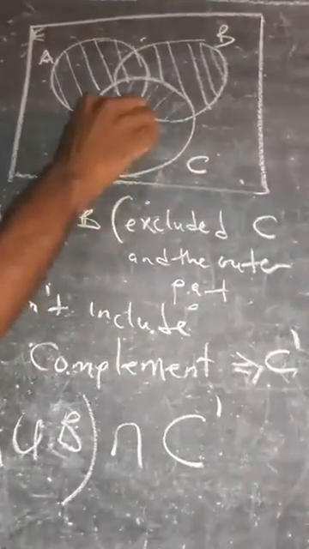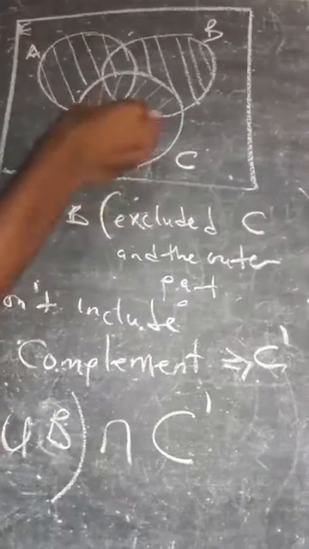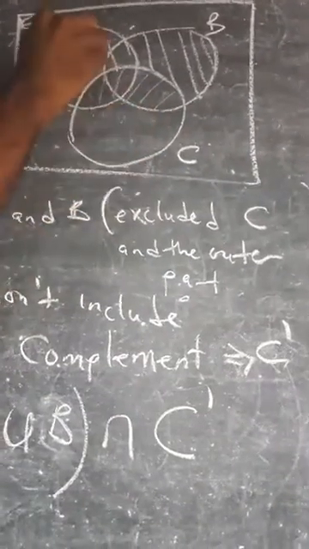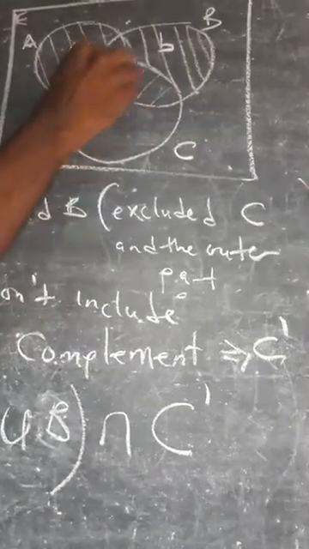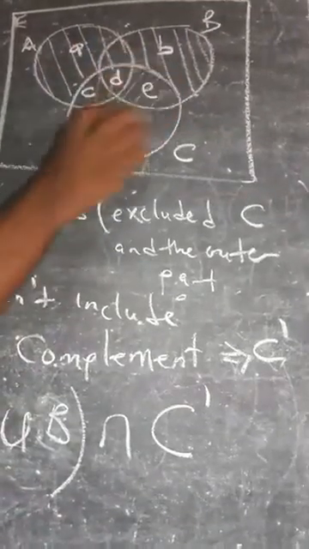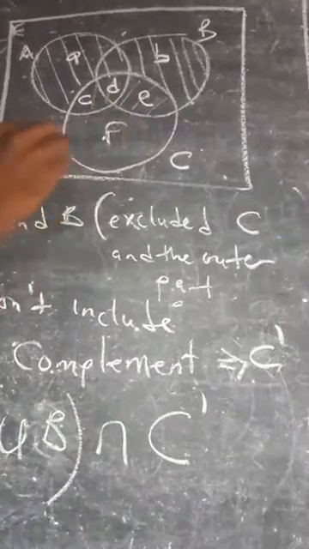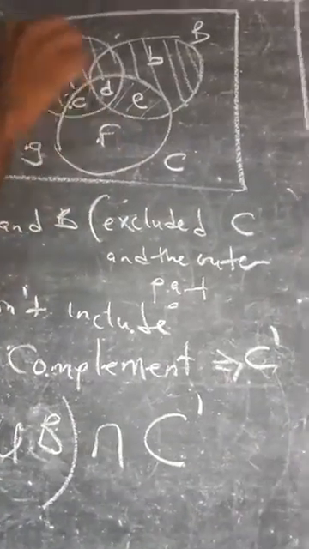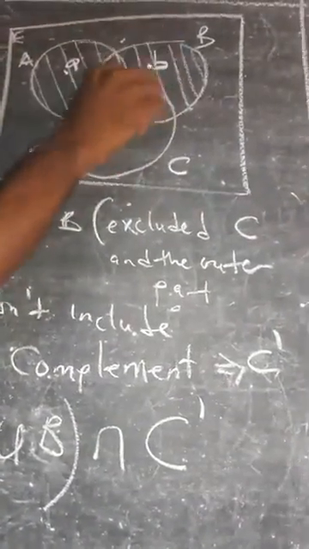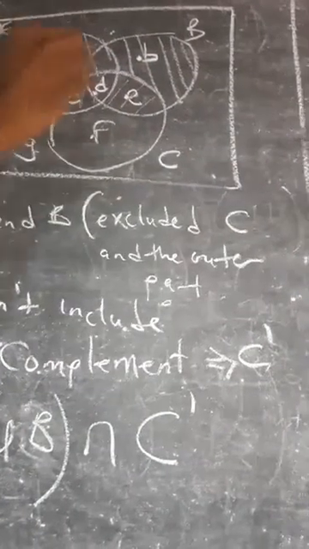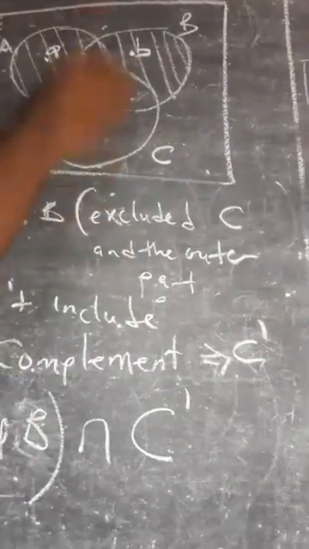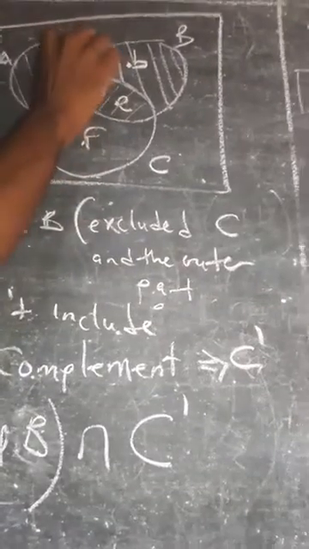So let's put letters here. Let's put A there. Let's put B there. Let's put C, D, E, F, G. So these are elements. There's A, there's B, there's C, there's D, there's E, F, G, H there.